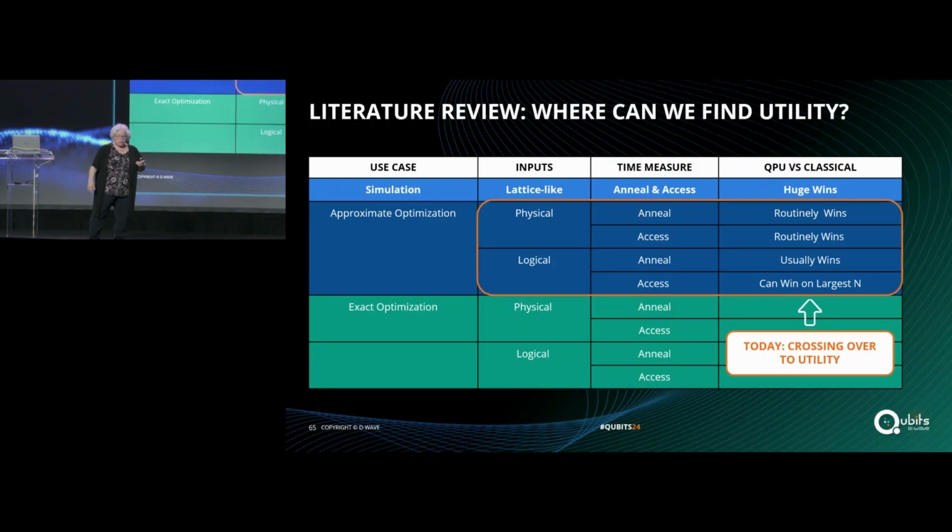All right, and as it turns out, when I was doing this literature review, usually we think of characterizing performance as: what kind of inputs does this solver work best on? What kind of inputs does that solver work best on? It's about matching the input to the solver structure.